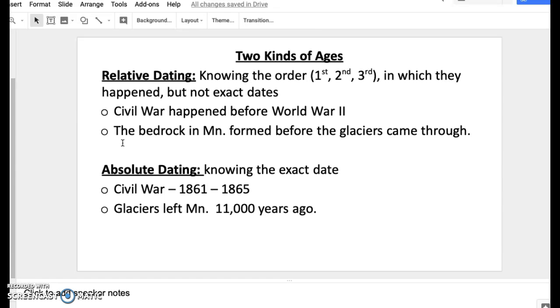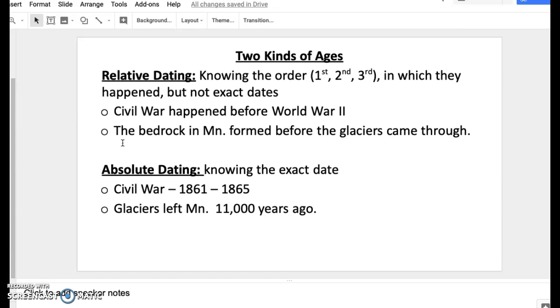Now, sometimes a scientist will want to know more details about a rock or fossil, and that is what absolute dating or absolute age will allow them to do. This is a process scientists use to try to determine the exact date of a rock or fossil. I'm going to teach you later in the unit how we do that, but for now, just knowing the definition is good.